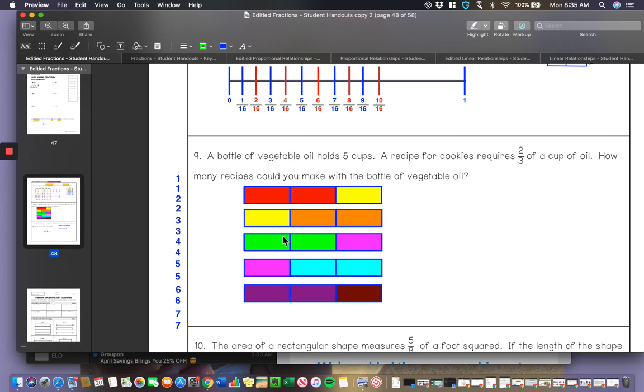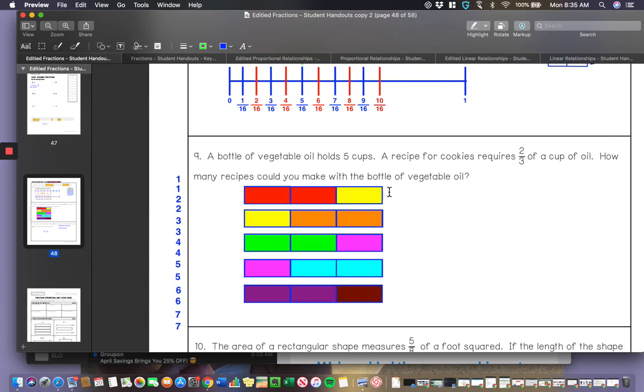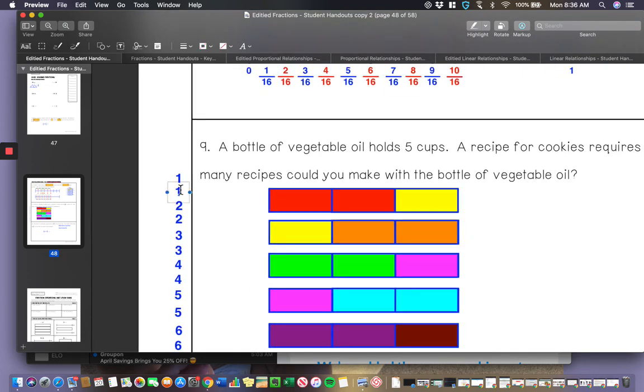And I've done that 5 times. Now, the thing you've got to recognize here is that each recipe for the cookies only requires 2/3 of a cup. So if I have 1 serving, 2/3 will give me 1 serving.